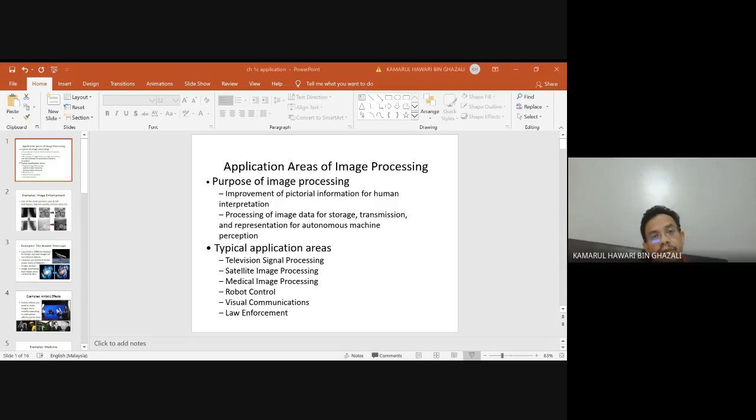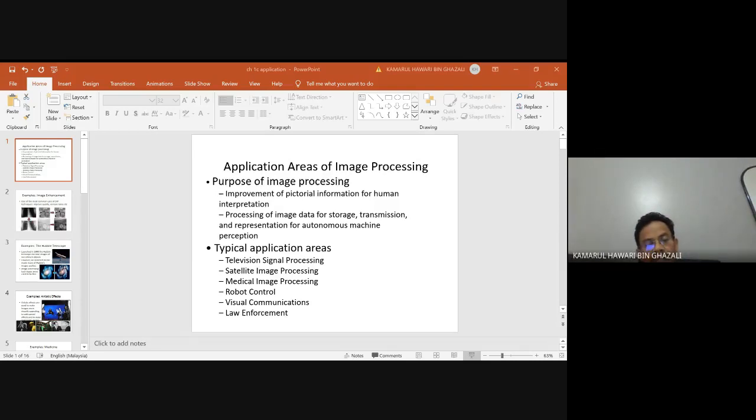This is an example of image enhancement. We process the image to get a better image. You have a raw image which is difficult to see, then you process it with an image processing method, and you get a final image which is easier to see.